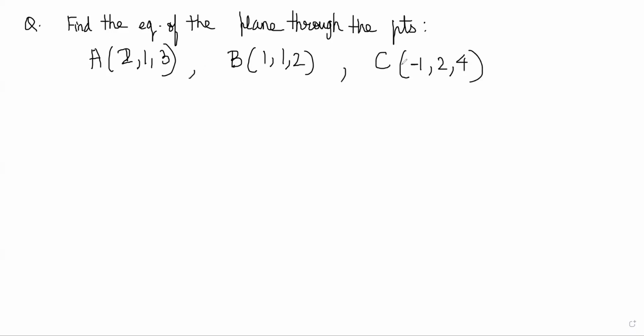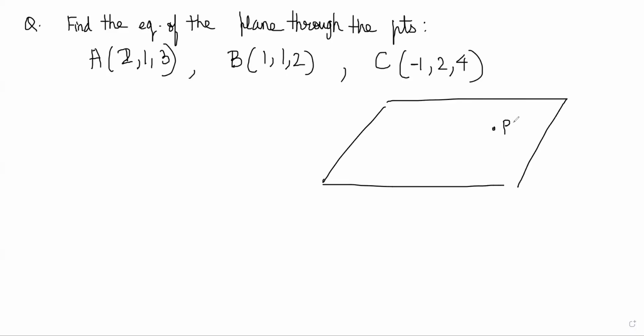We need the vector equation of the plane through these points. So what I will do is do the same thing that we did before. Let's say P, which is (x, y, z), is another point on the plane. And we have A, B, C are three other points on this plane, right?